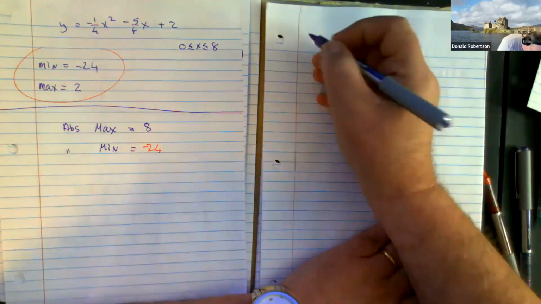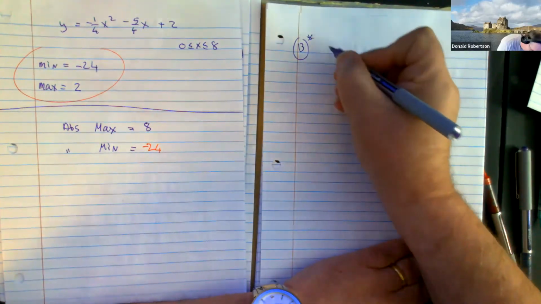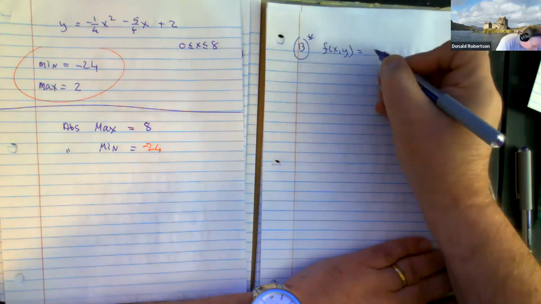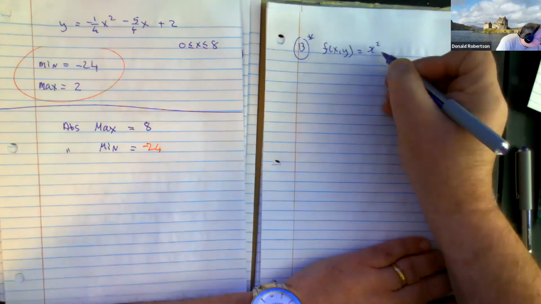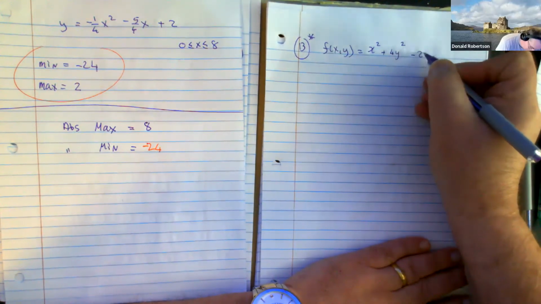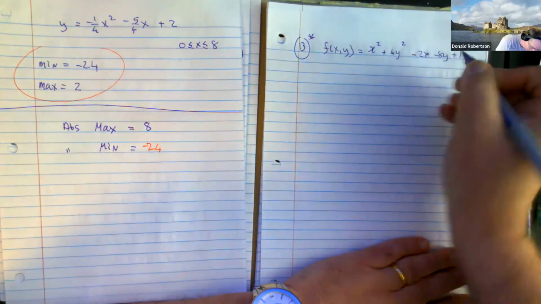Okay, this is question 13, or at least my version of it. The function that we're going to deal with is x squared plus 4y squared, take away 2x, take away 8y plus 1.